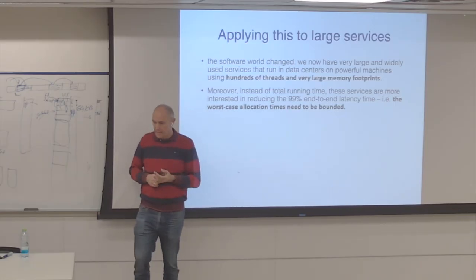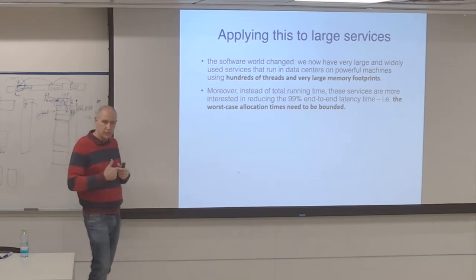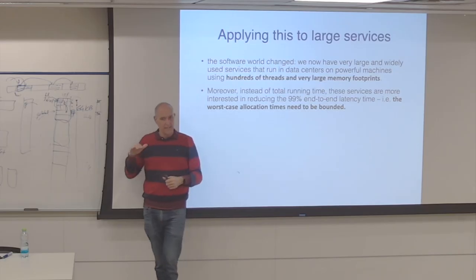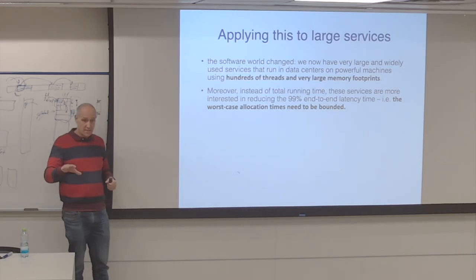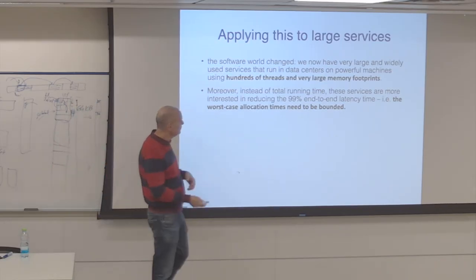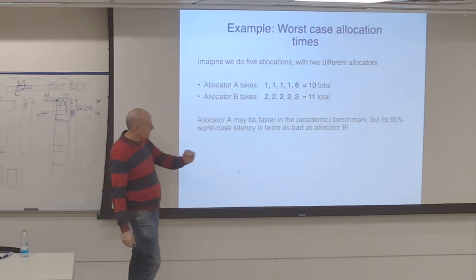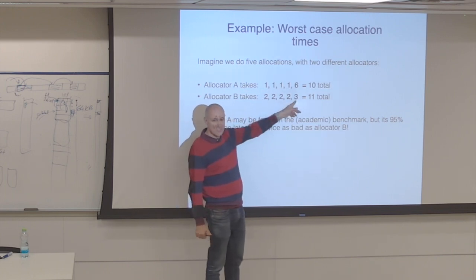And the way they say it, maybe for 1 in 1,000 requests, I allow you to take, I don't know, a second. But for all the other 999 requests, I want you to answer within 1 millisecond. I really want it to be fast and steady. So for example, this is usually considered bad.